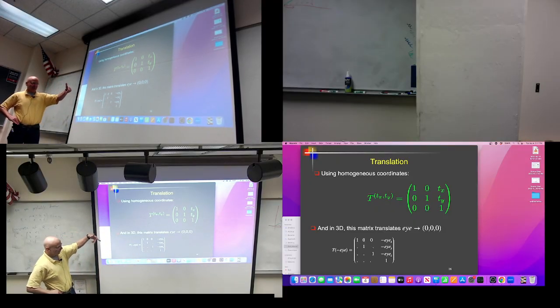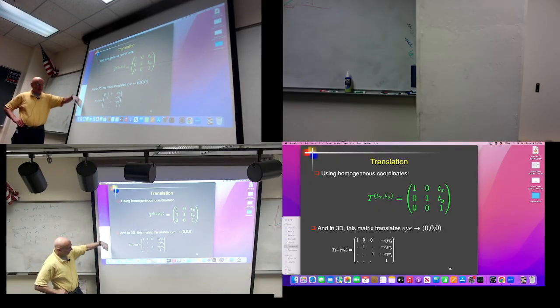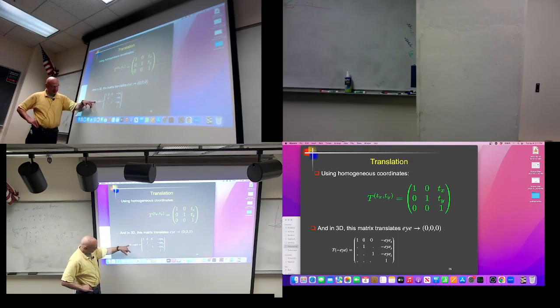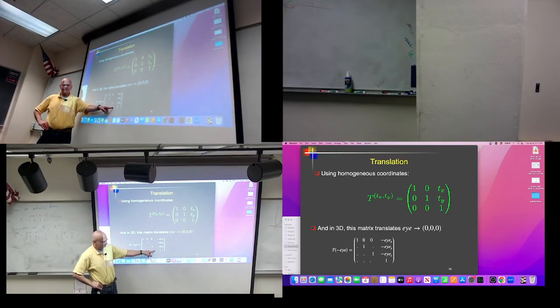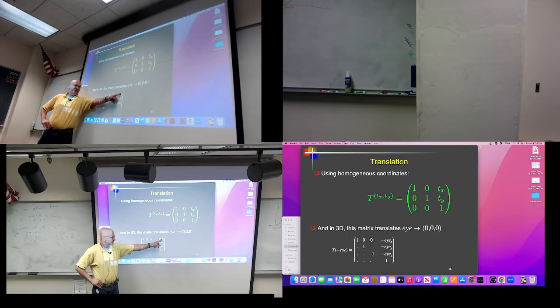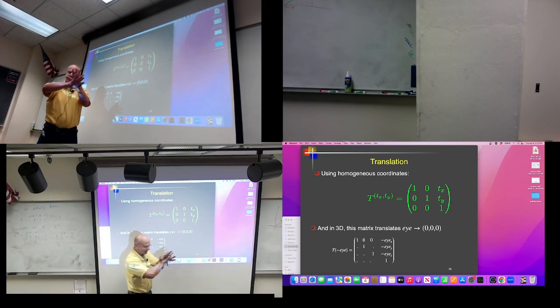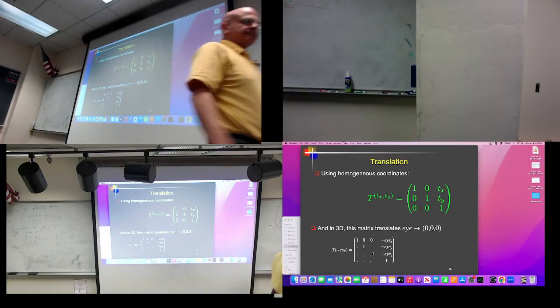So the translation of the world by minus I would be 1, 1, 1, the identity matrix. Every dot just means a 0 here. What do I have as the last column? Minus I, the x coordinate, minus I, the y coordinate, minus z. Translate the whole world, so the camera moves to 0, 0, 0.